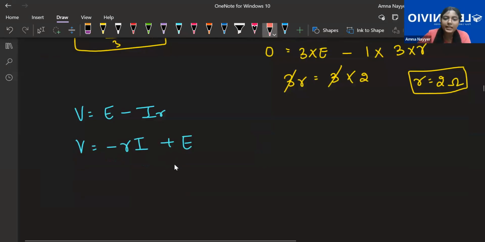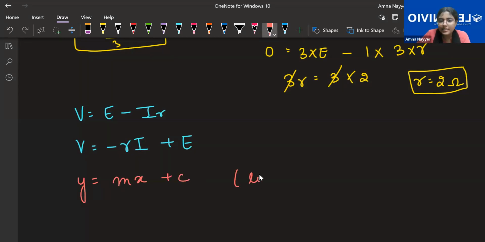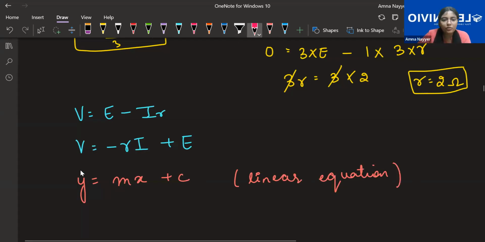So when I write the linear equation, y is equal to mx plus c. Now see, what are all these values? What does y mean? Whatever is represented on the y-axis.